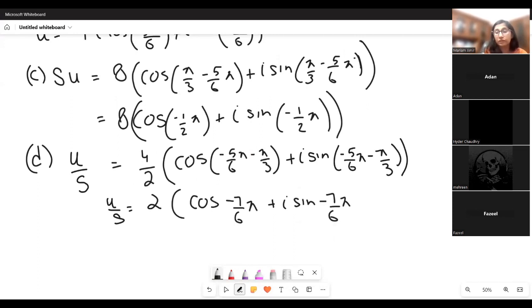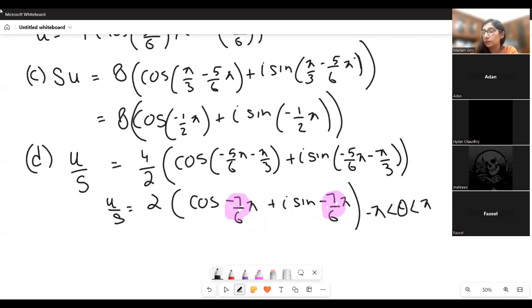Okay. We must take a look at the theta before we move on. Is this theta between pi and minus pi? Minus 7 over 6 is 1 point something.